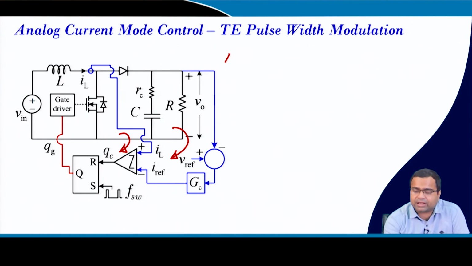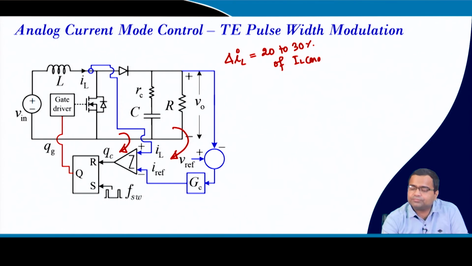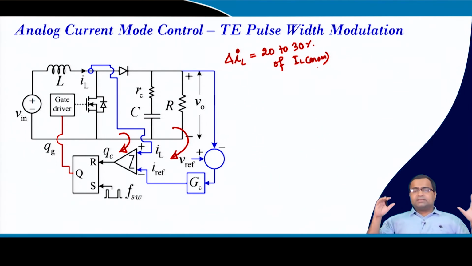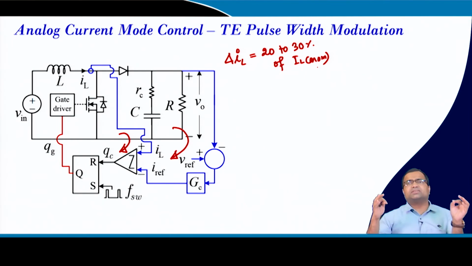As we discussed in the beginning, in our lecture number 7, the current ripple is generally taken to be around 20 to 30% of the IL average nominal value, and that is why it is pretty large, whereas the output voltage ripple is 2% of the nominal voltage. So, for voltage we can take one sample per cycle and it can retain more or less the information, but in current we cannot do that.